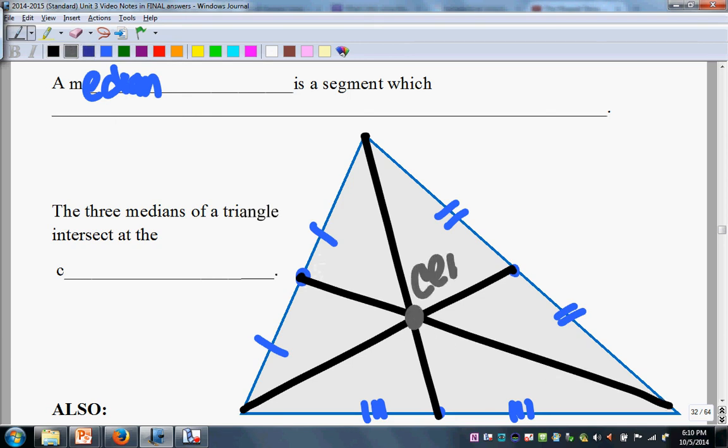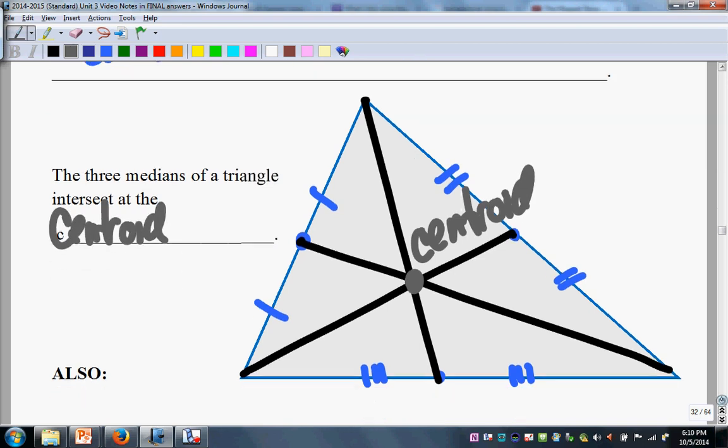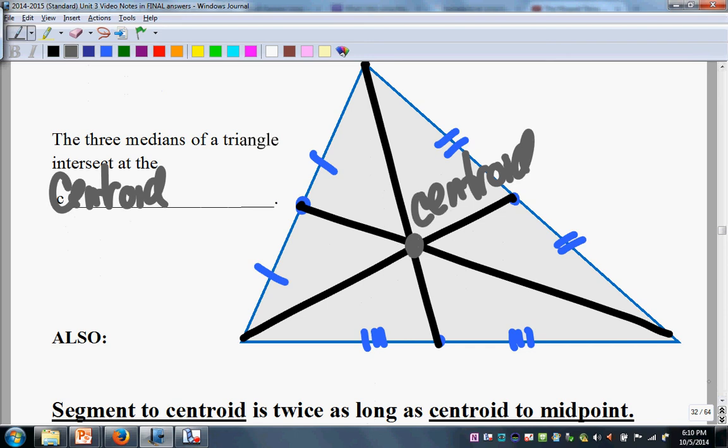That's the centroid. The segment from the vertex to the centroid is twice as long as the centroid to the midpoint.